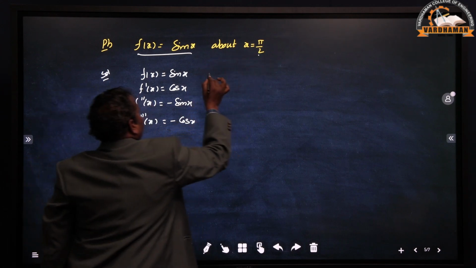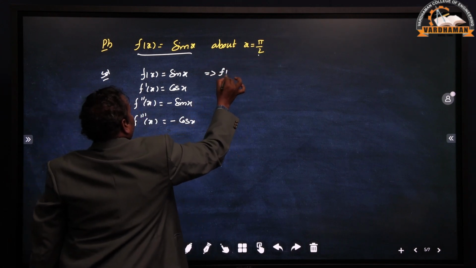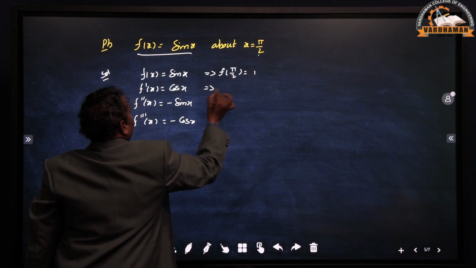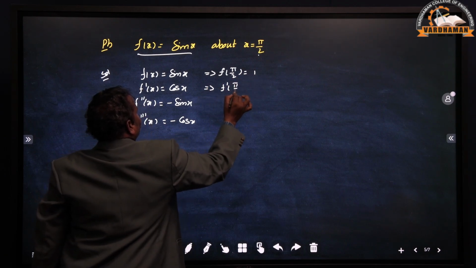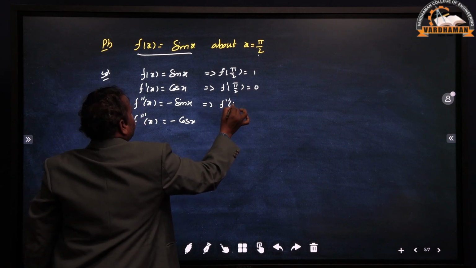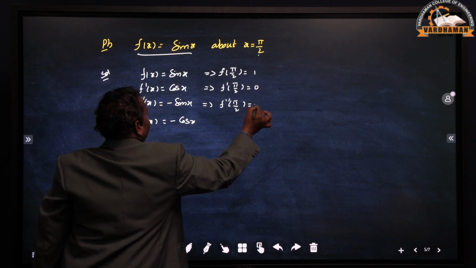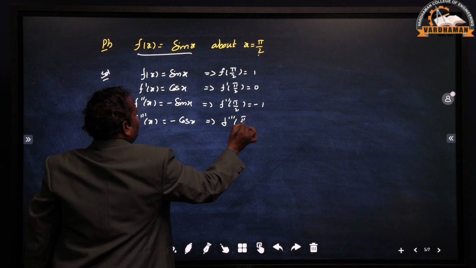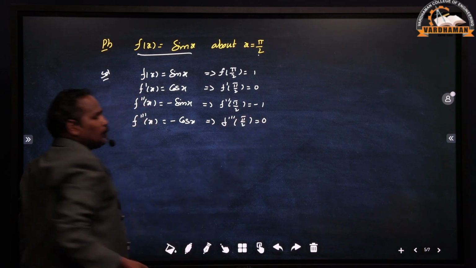Substitute x equal to pi/2: f(pi/2) is sin 90, which is 1. f'(pi/2) is cos 90, which is 0. f''(pi/2) is minus sin 90, which is minus 1. f'''(pi/2) is minus cos 90, which is 0.